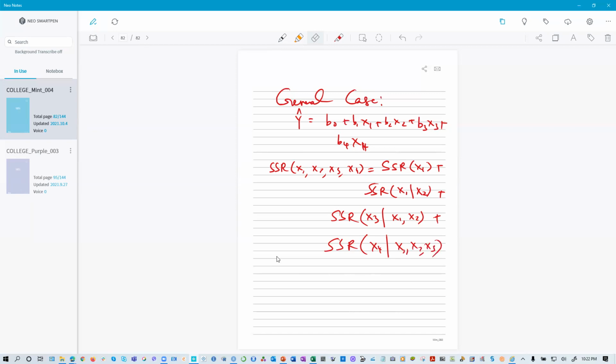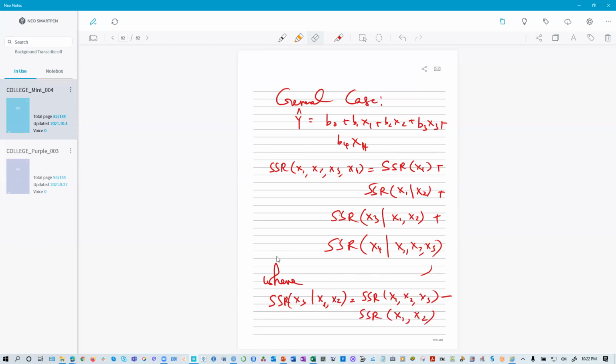And if you want sum of regression x3 given x1, x2, how do you get it? Sum of squared regression of all of these x1, x2, x3 minus sum of squared regression of only the one in the denominator.